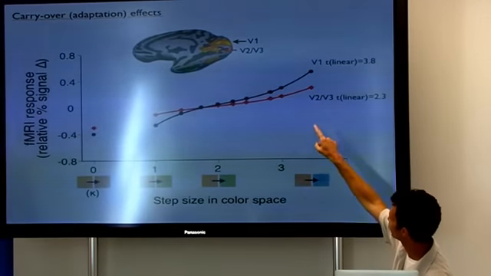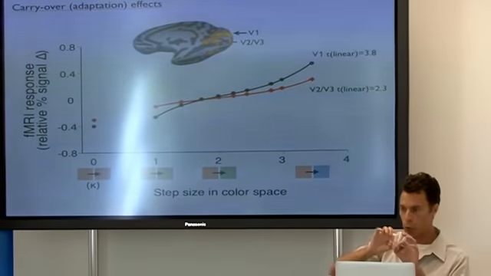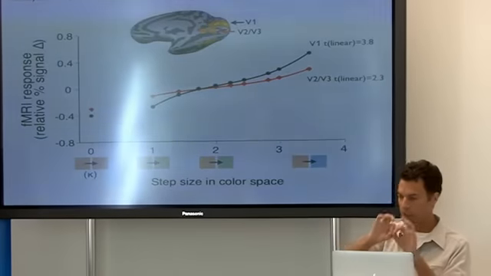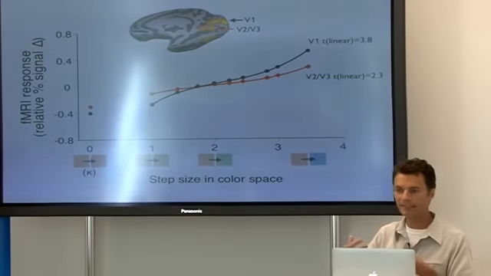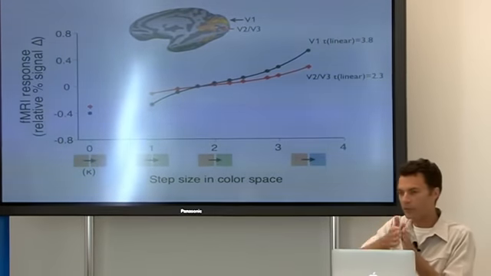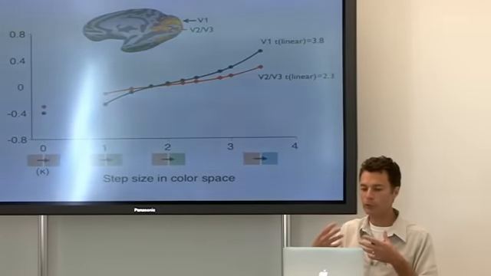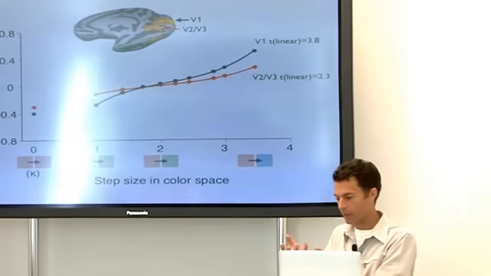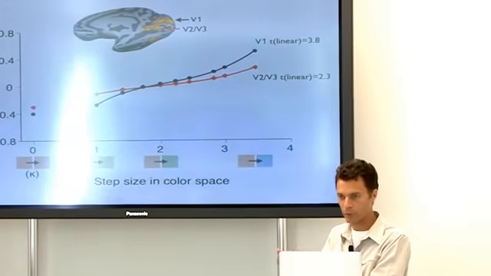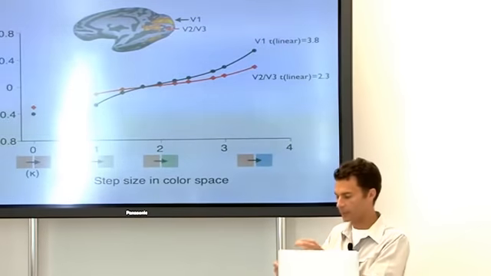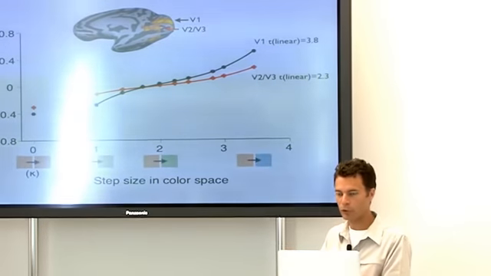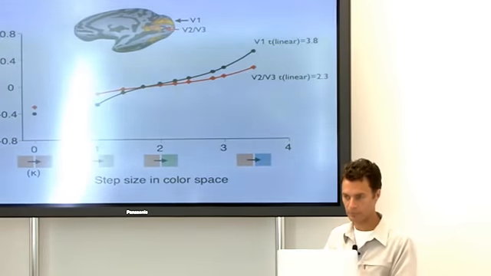Within these early visual areas, the fMRI signal scaled roughly linearly with the size of the change in color. So this would support a model of a population code of neurons that represent the colors, with adaptation proportional to the similarity of the colors.